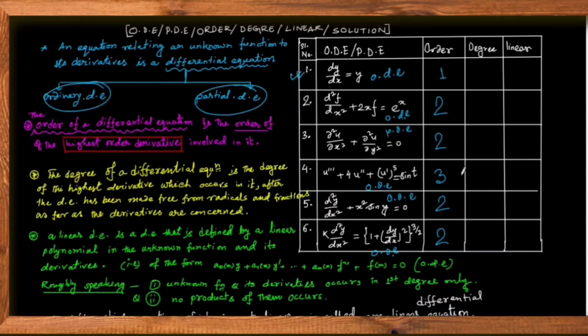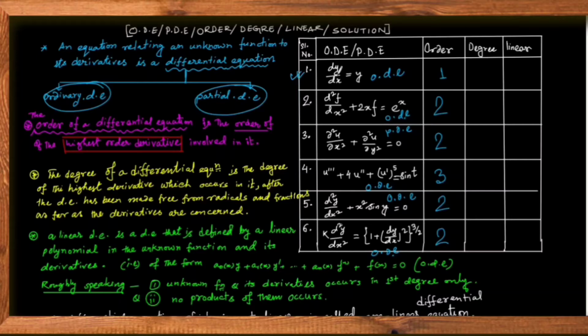Okay. Now come to the degree of a differential equation. Degree of a differential equation is the degree of the highest order derivative which occurs in it after the differential equation has been made free from radicals and fractions as far as the derivatives are concerned.